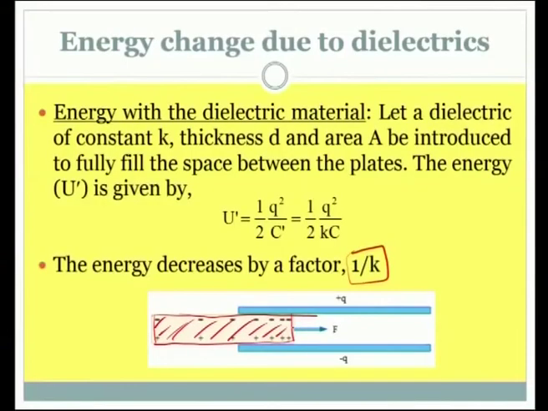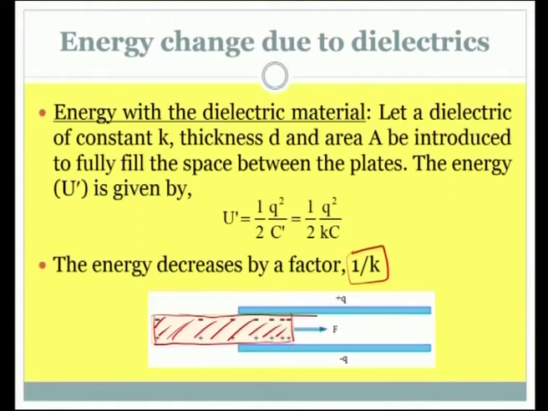What is the logic? A system always prefers to be in the lowest energy. As far as potential energy is concerned, it tries to exist at the lowest potential energy. So, what will happen? The dielectric material is readily pulled into the capacitor plate. See, that is why the force F is marked here. As soon as we introduce the dielectric material, there is a force that is pulling it inwards.